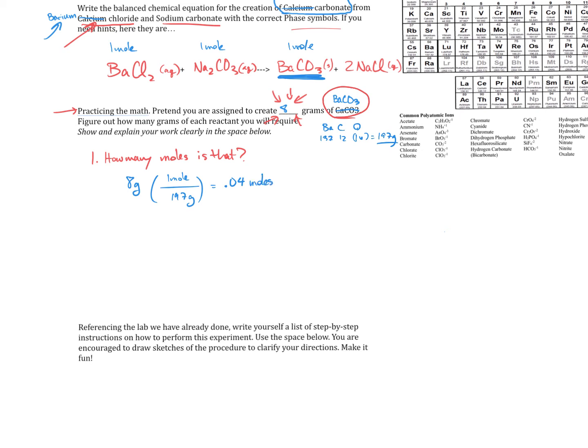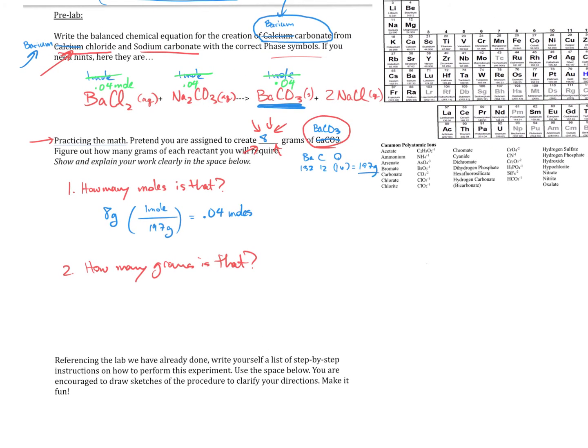Okay, awesome. That means if I go up here, I'm not making 1 mole, I'm making 0.04 moles of that. Well, how much do I need? I need 0.04 moles of that and 0.04 moles of that. So how many grams is that? is the next question.